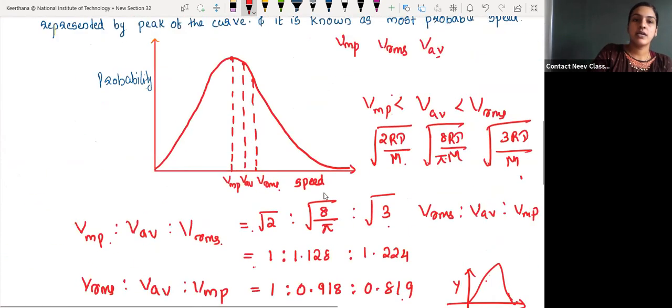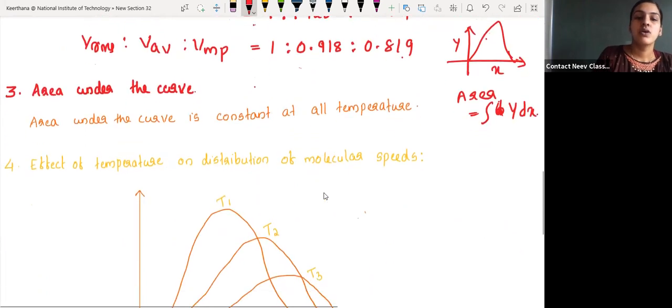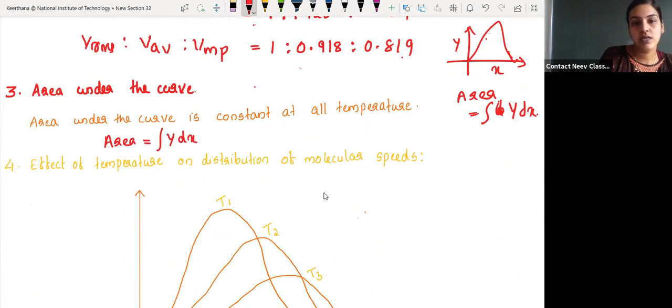Like that, here we did 1 by n dn by dc, right? 1 by n dn by dc. So the area is equal to integral y dx.